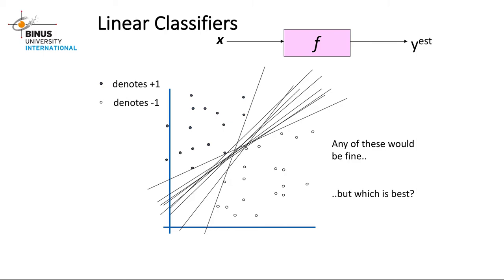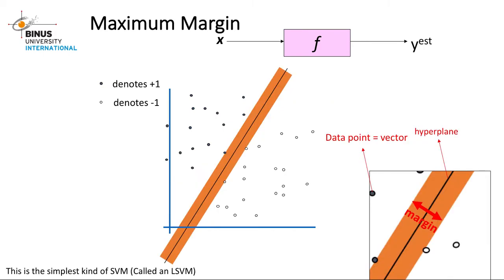But which one is the best? This is the idea of support vector machine. It maximizes the margin, which pushes the data away as far as possible.